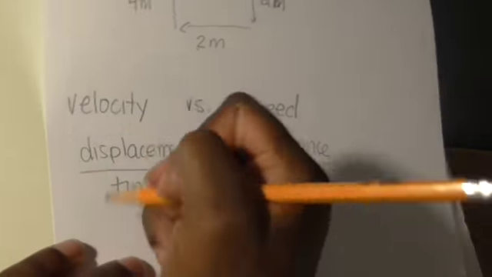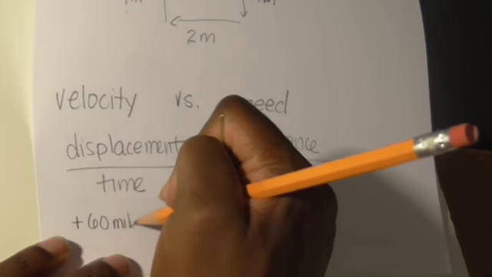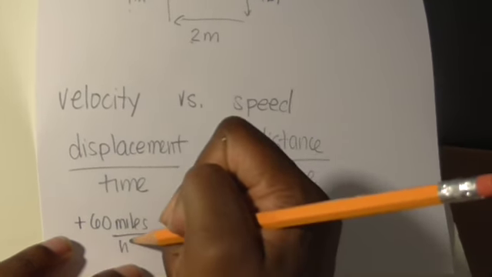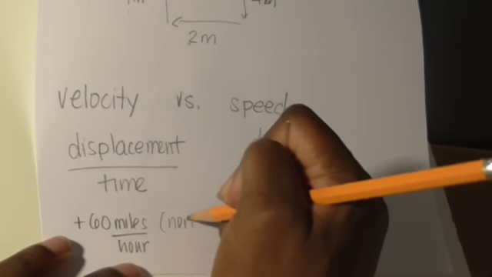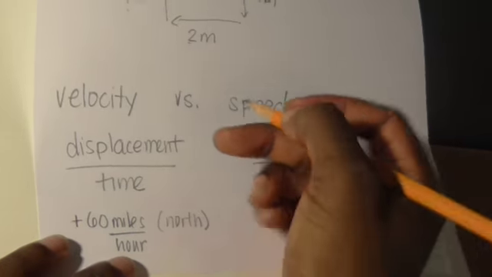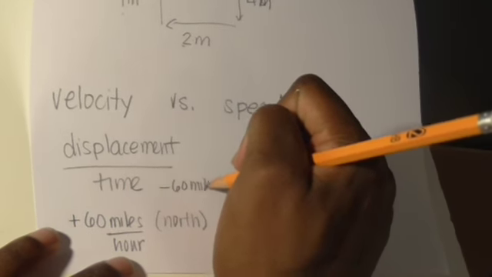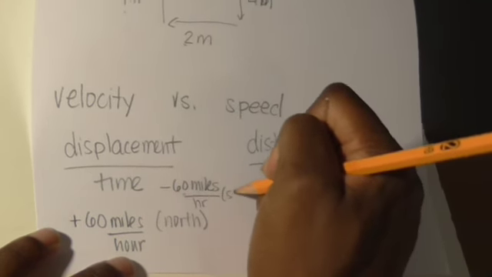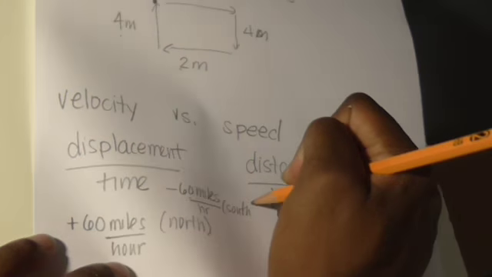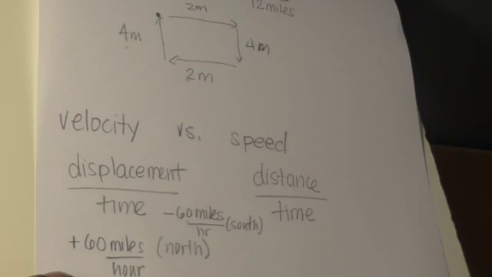I could just say positive 60 miles per hour. And it's understood that that means north. But on the other hand, if I was driving negative 60 miles per hour, that's considered south. All right, I think that's it for all of our terminology.